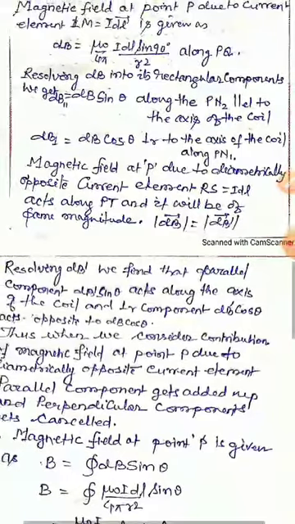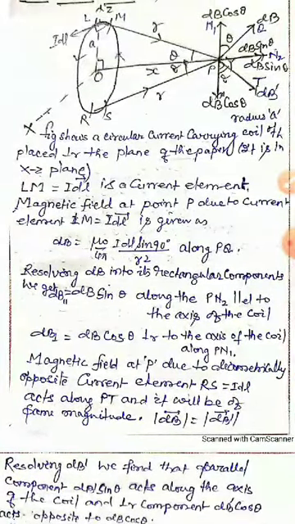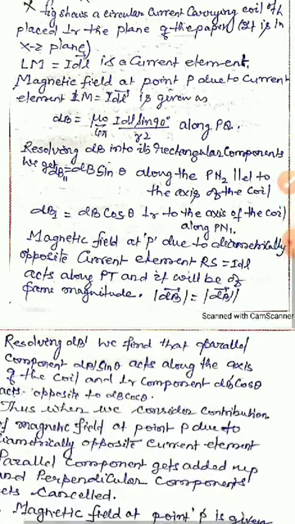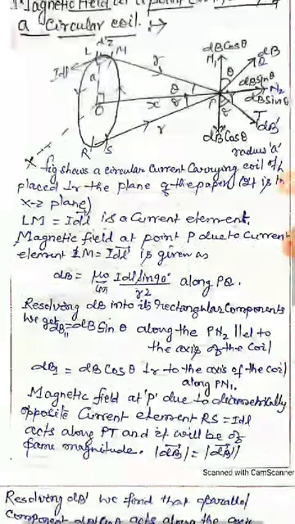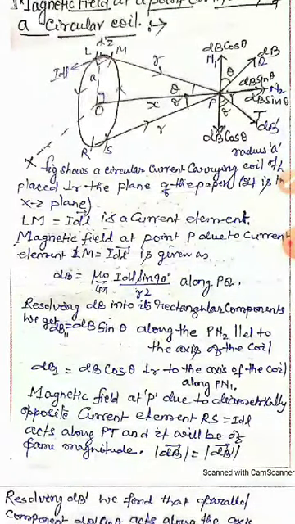Now let us find out the magnetic field at point P due to diametrically opposite current element. Everything remains the same. The only thing is that here direction will change. So using cross product rule, you can find out the direction. It will come as shown in the figure. Resolving dB dash into its parallel and perpendicular components, dB dash sin theta will be the parallel component and dB dash cos theta will be the perpendicular component.